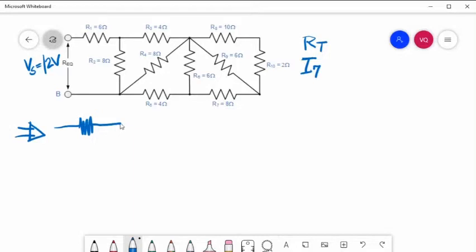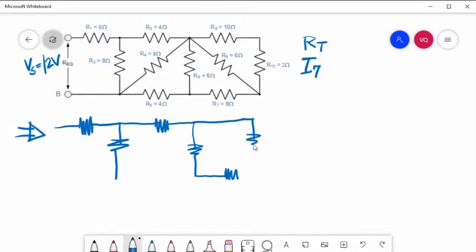So this is your R1, R2, R3, and since there is a resistor here, that will be your R4, then R5, and then this is your R6, R7, R9, R8, and R10.